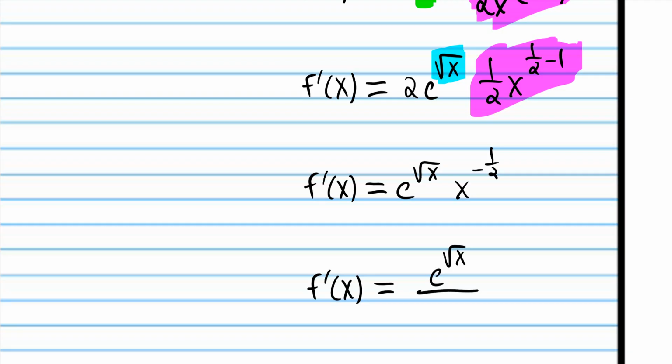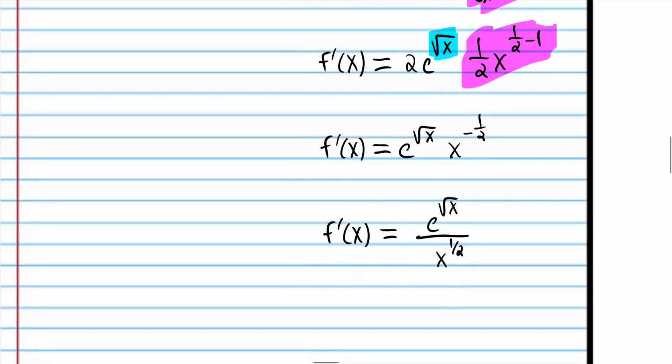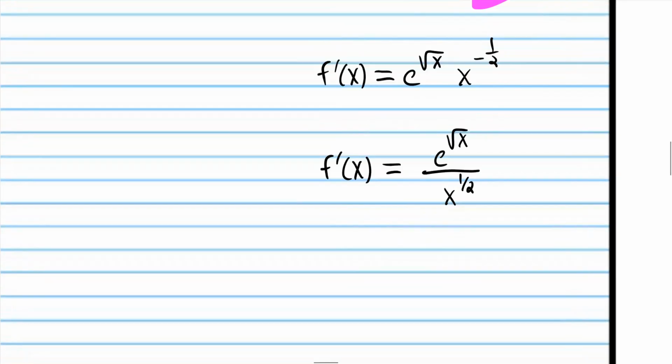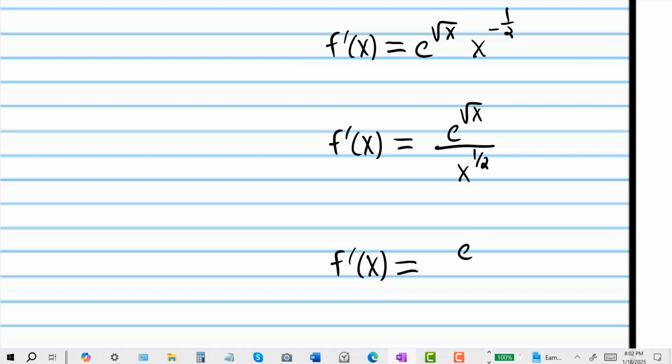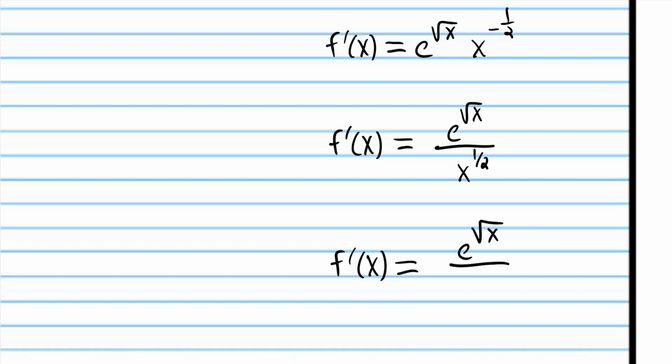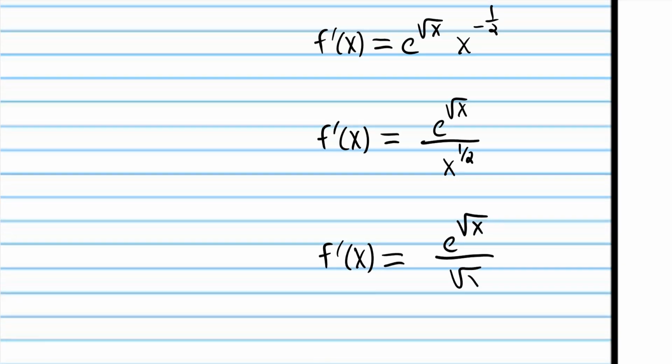So we're going to bring that down to x to the positive 1/2 power. And so we got rid of the negative. That's the first thing we need to do. But then we need to deal with the fraction exponent, so we change that to root x. So there you go.